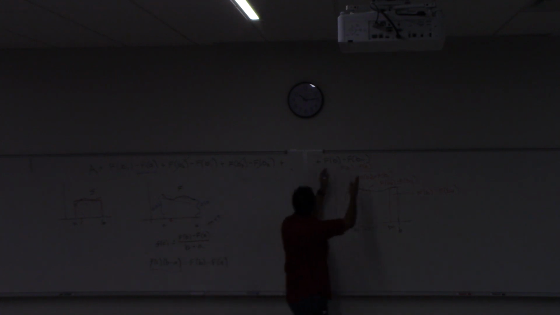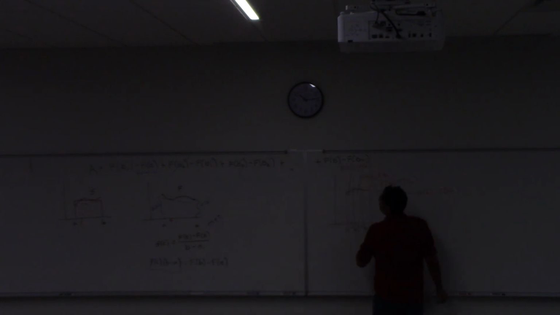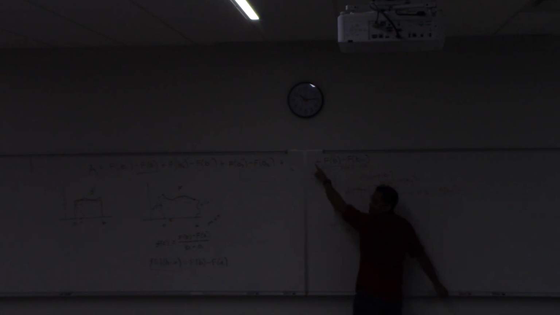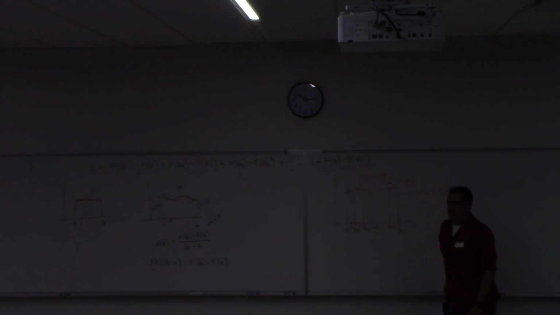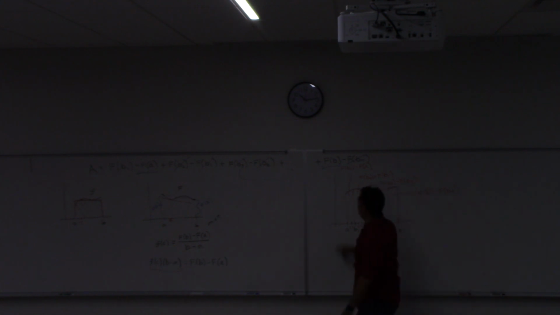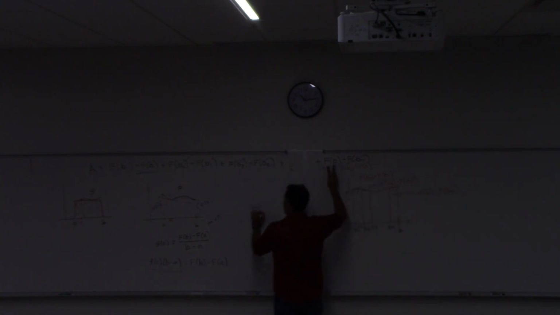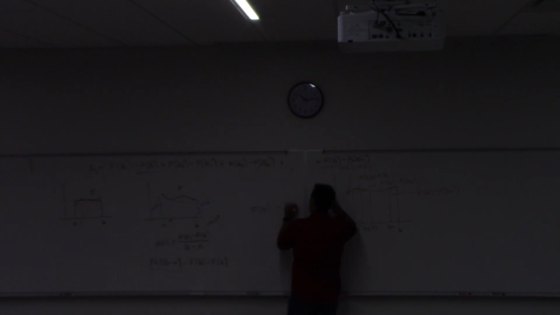Until you get to the very last one, what stays, what goes? Does that stay or go? Stays. Does that go? That cancels with the one that was in here, right? There's one right before this that would cancel this one, right? So what's left? Capital F of B minus capital F of A.